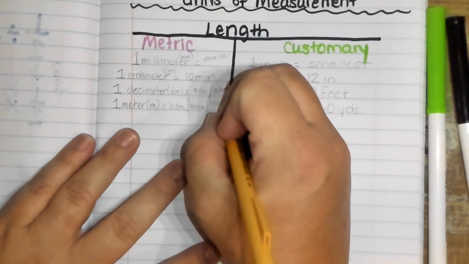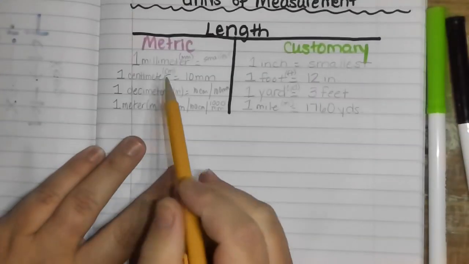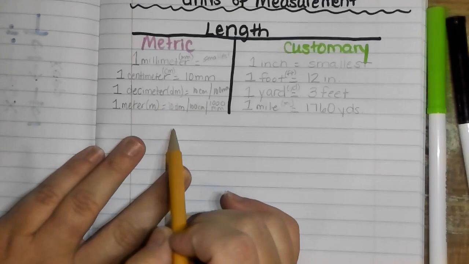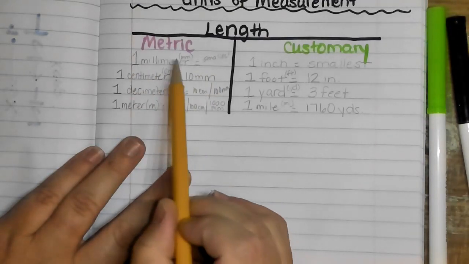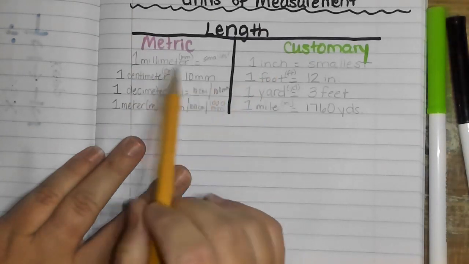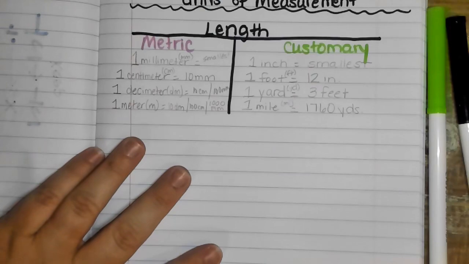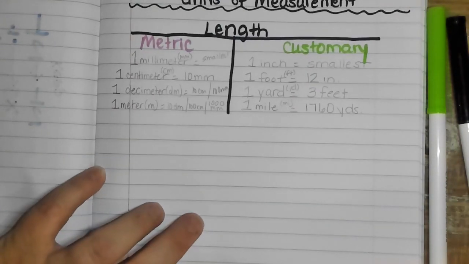Correct, 1,000 millimeters. You can probably pick up on the pattern that we're seeing. This system is based off the base 10 system. I could give you a lot of history on the metric and the customary, but I won't bore you to death with that today.